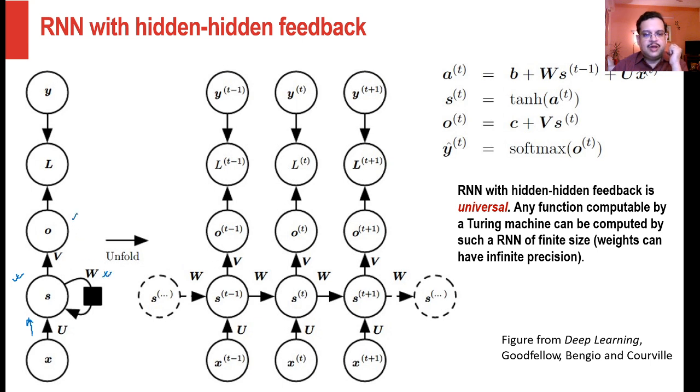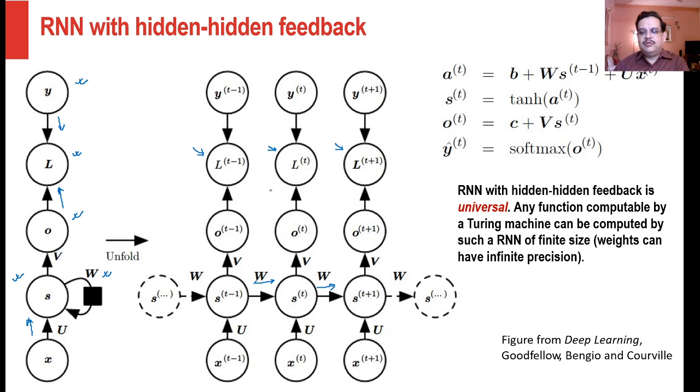Then this is going into the output. This is the golden output, and here I am comparing the output of the RNN with the golden output. Now in the hidden feedback, what is happening is that the feedbacks are happening like this over time as I unfold it, and I am going to see what are the errors in each of these.